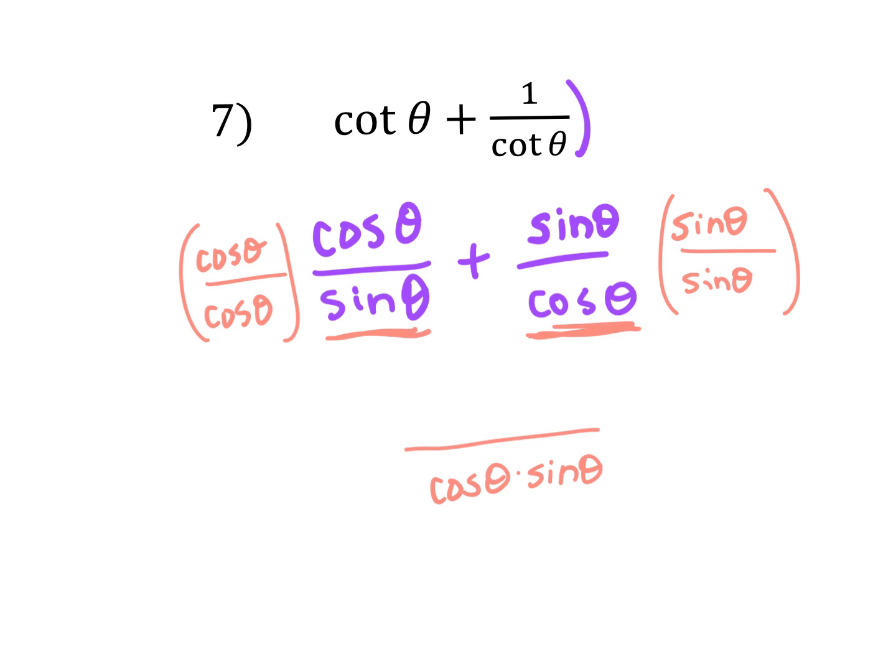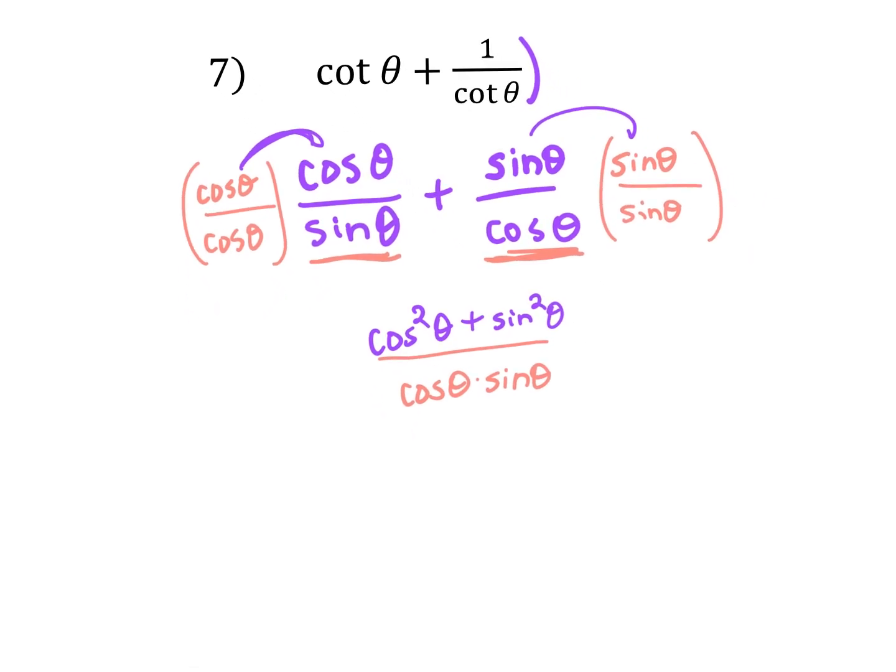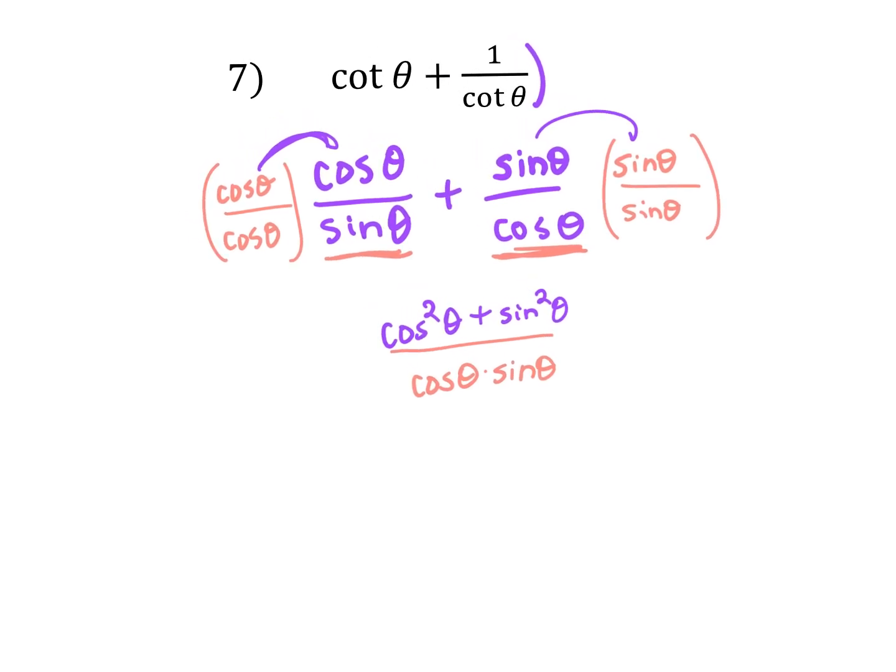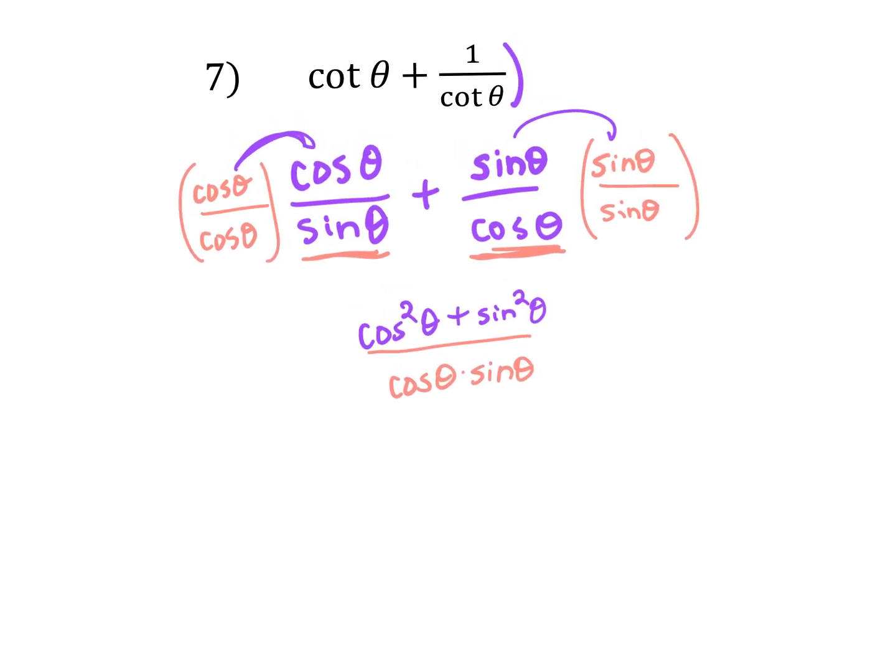Okay. But we've got some multiplying to do on top. What do we get here? We get cosine squared theta plus sine squared theta. That's someone's identity. So 1 over cosine theta sine theta.